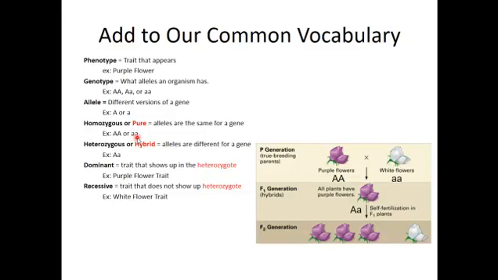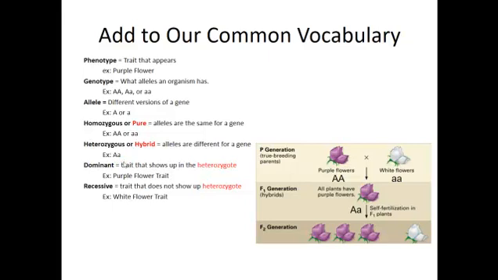The opposite of that is heterozygous. Here our hybrid, which is the offspring of the 2 parents who are both homozygous, is going to get 1 capital A from this parent and 1 little a from this parent. That is considered heterozygous or hybrid, where the alleles are different for a gene, big A, little a.